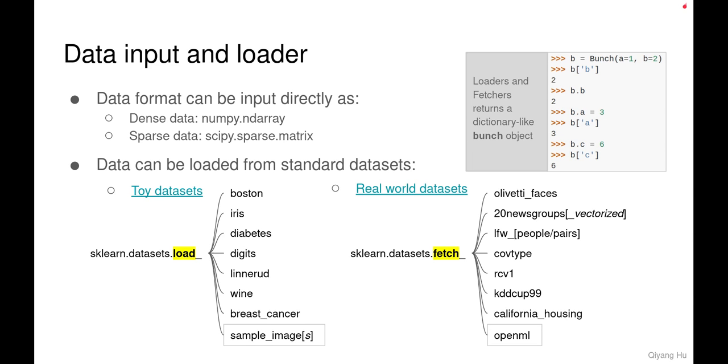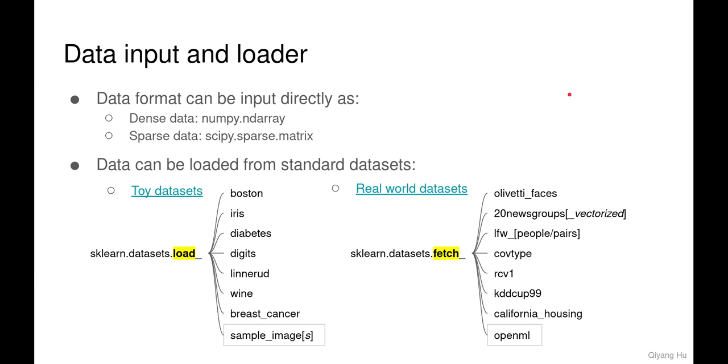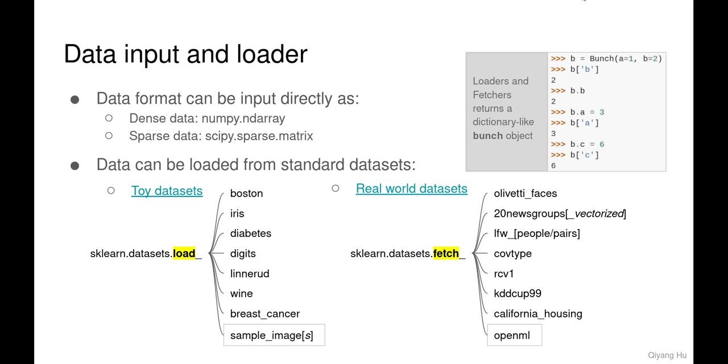So basically, you can get the value not only by the index or the key, but also by the attribute, like a.b, as in this example here.